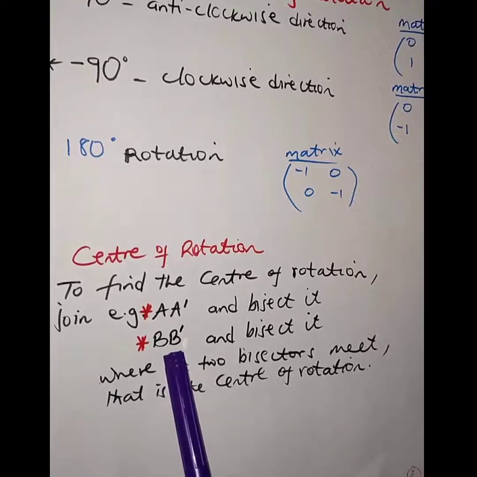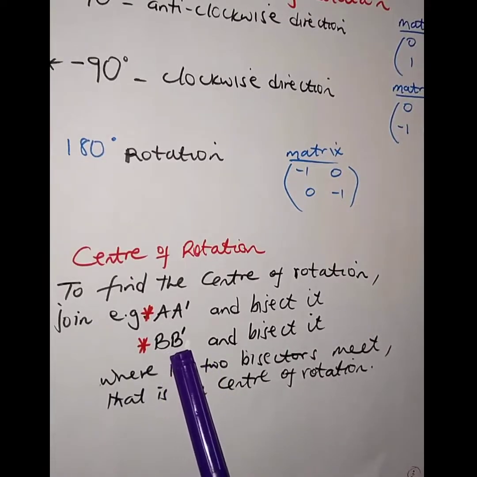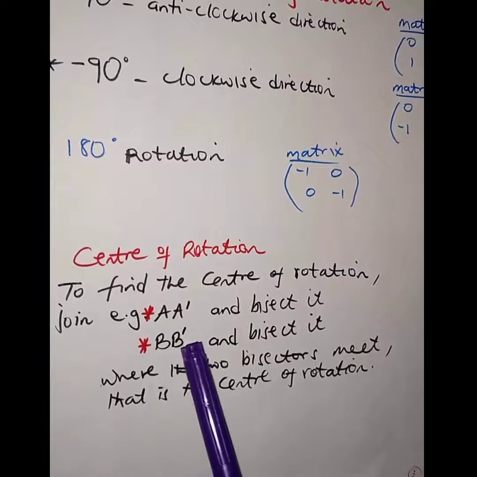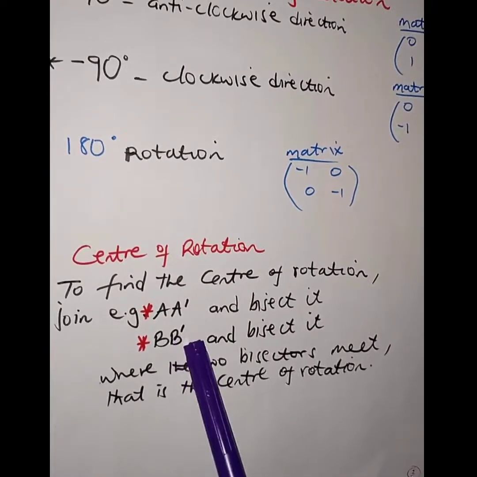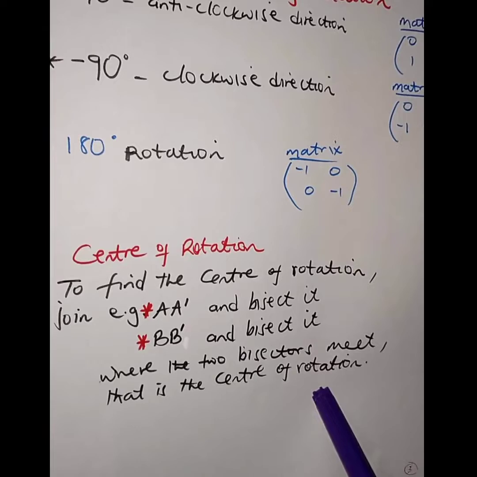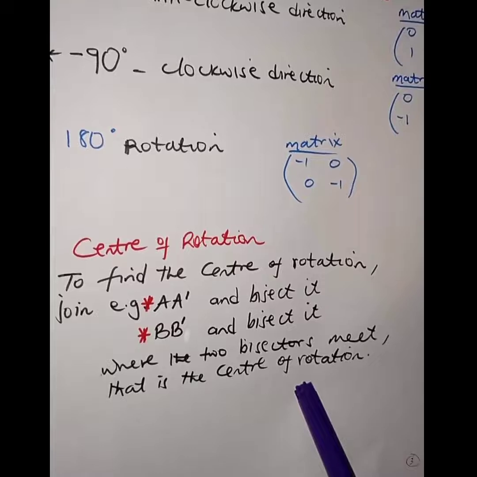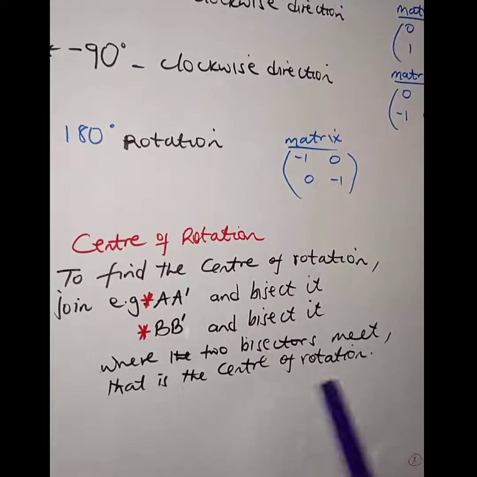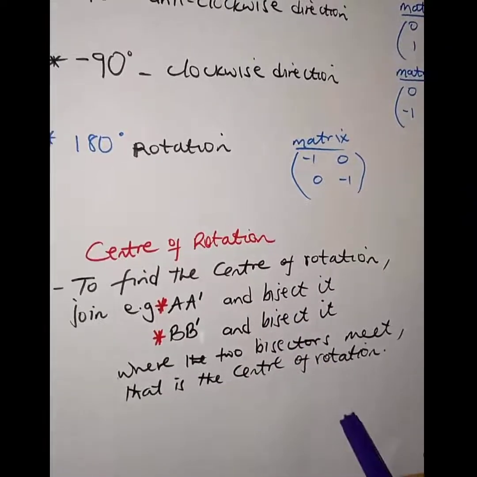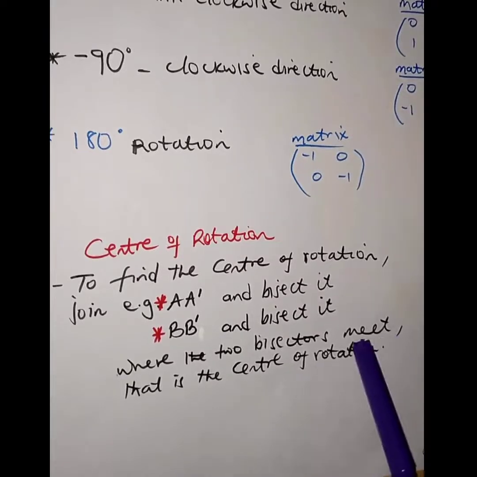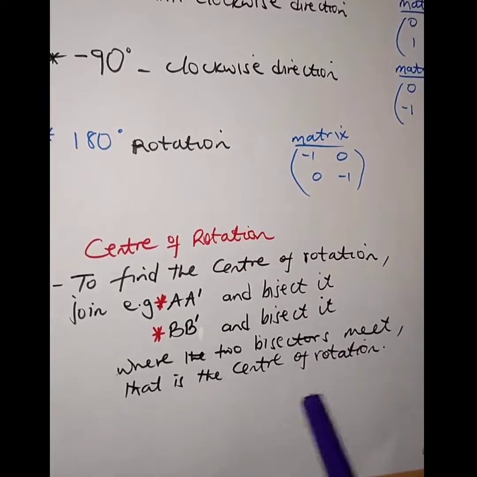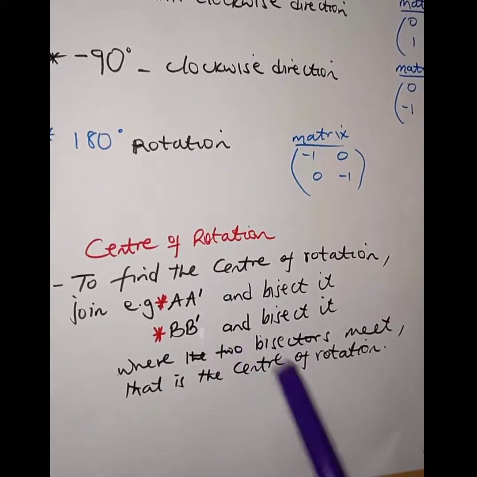You also get another one. It depends on the letters given in the shape in that question. So we have B, connect B object and its image, then bisect. When you bisect, those two bisectors will meet somewhere. Get the center of rotation. It can be 0, 0, it can be 2, 2. It depends on the center of rotation. But do these 2 points.